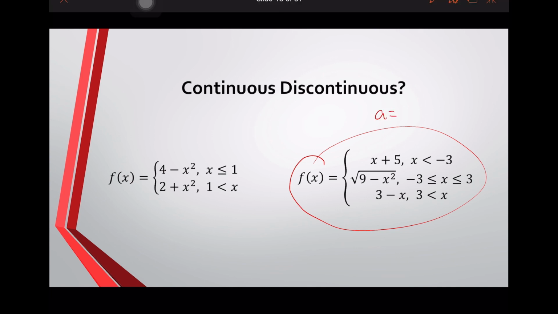I actually have 2 a's right here, so you have to check continuity for 2 numbers here. Please try to check if it's continuous at 3, and please also check if it's continuous at -3. So please give me 2 sets of solutions, one that would answer if it's continuous at 3, and the other one would answer the question if it's continuous or discontinuous at x equals -3.